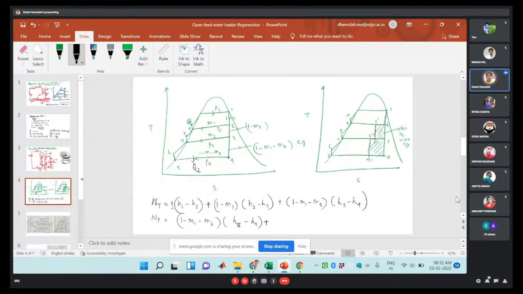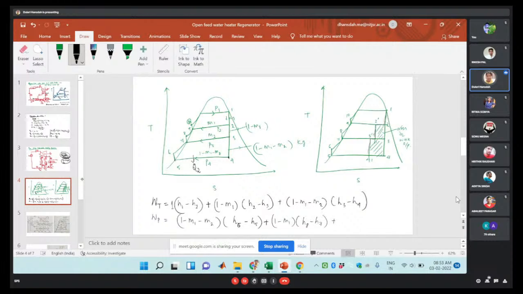Similarly, in this case the fluid will be 1 minus M1 and the pump enthalpy will be H8 minus H7. So that will be 1 minus M1 multiplied with H8 minus H7, plus there will be another pressure, that is the P1 pressure in this case. So the pump will be utilized to achieve that pressure, the boiler pressure P1.